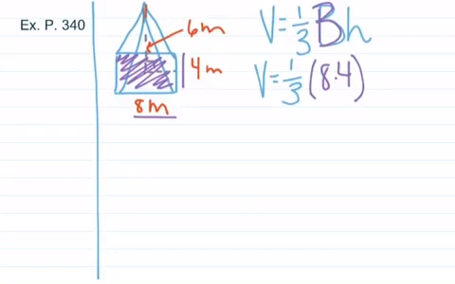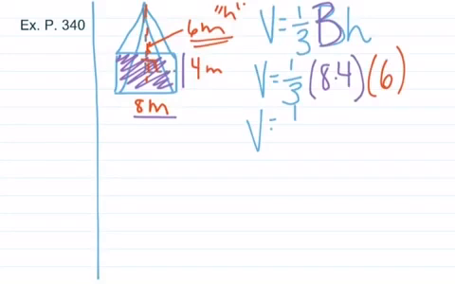So the height of my pyramid is this gray dashed line. That's my height, because it goes from the top of the pyramid straight down to the base, and again it forms that 90-degree angle. So 6 is the height of my pyramid.